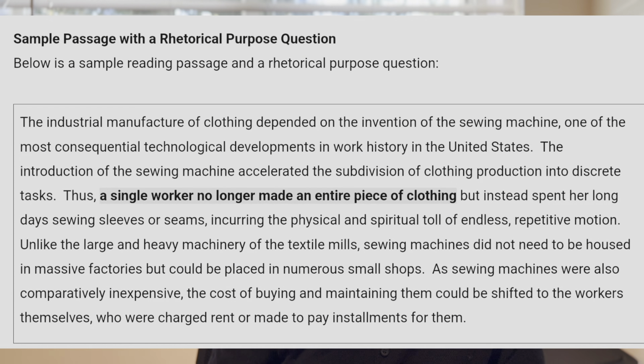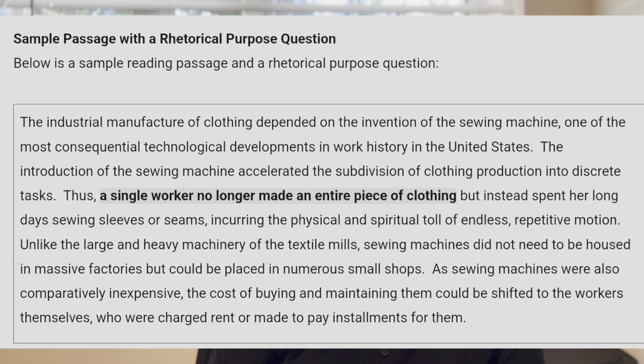So scientific inventions benefit the manufacturing industry, multiply productivity, and improve the scale of production. This is the main idea of this passage.